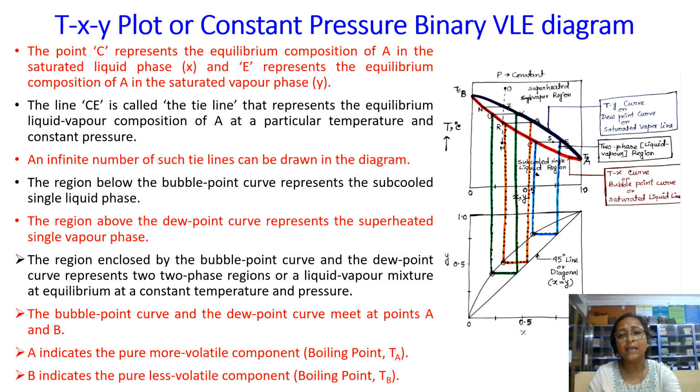Point C lies in the saturated liquid phase and E lies in the saturated vapor phase. An infinite number of such lines can be drawn in the diagram.